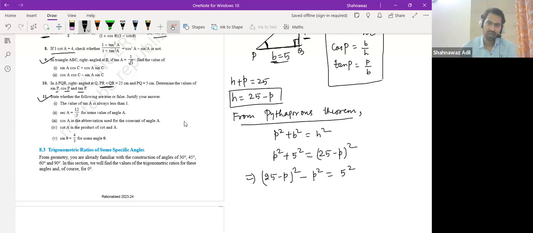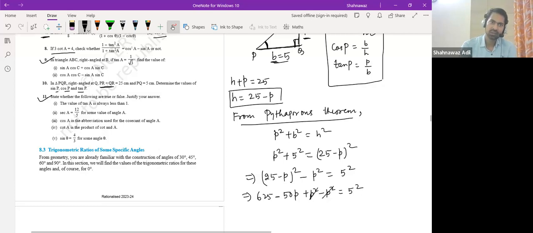So let me write it: this should be 25 minus P square minus P square equals 5 square. Let us simplify. So this is 625, minus 50P, plus P square minus P square. This is getting cancelled, right? And why am I not writing 5 square as 25?